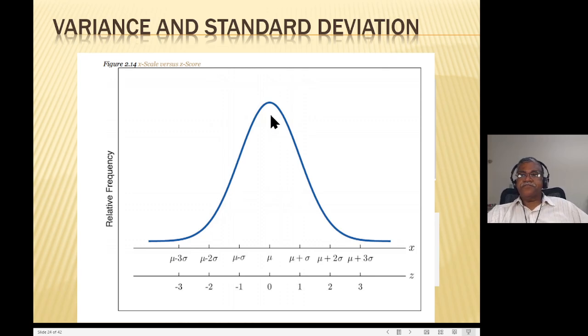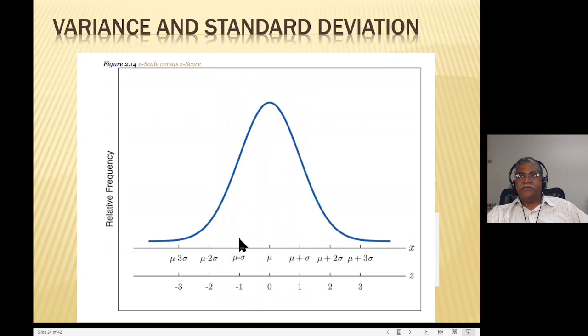Okay, so here you have your relative frequency like you've seen, and then you have the mean, right? And then you have standard deviation. The standard deviation means that it is one standard deviation away from the mean. That means it encompasses this much of the data, right?